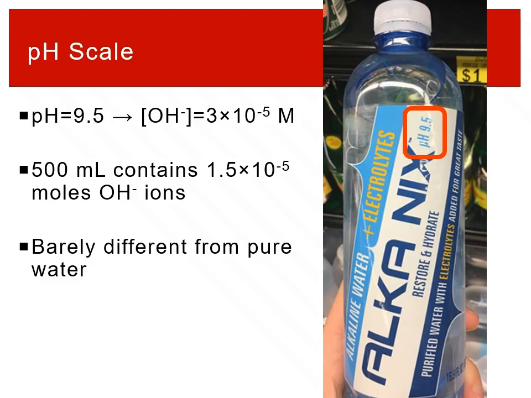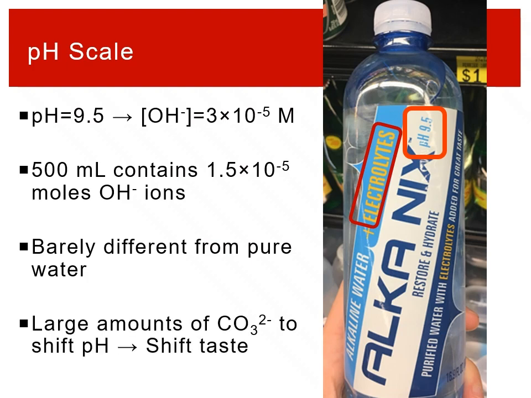So the reason why that pH difference matters or is noticeable is not because it's 9.5, but because of what drives the pH difference. There's carbonate in most of these, which is what drives the change in pH that you see, or why they become basic. Carbonate's not very good at causing pH to change, so you have to use a lot of it.